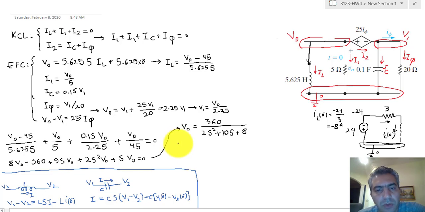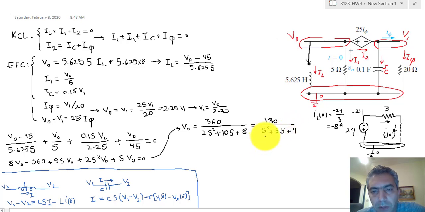Now, in order to calculate V out as a function of time, let's first simplify this. So this would be 180 divided by s² plus 5s plus 4.